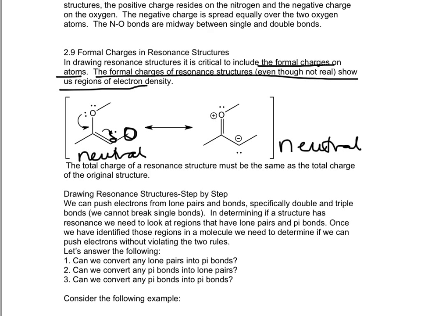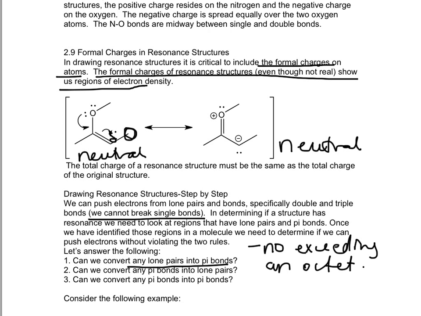And so in drawing resonance structures step by step, we have to keep in mind our 2 rules, that we cannot break single bonds, and we cannot exceed an octet. And then we have to see, can we convert any lone pairs into pi bonds, any pi bonds into lone pairs, or any pi bonds into new pi bonds.